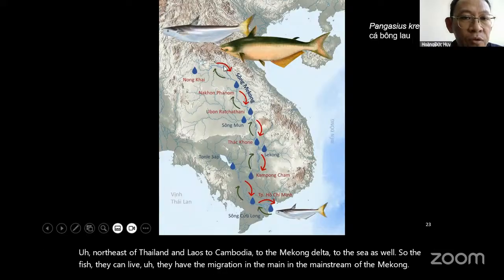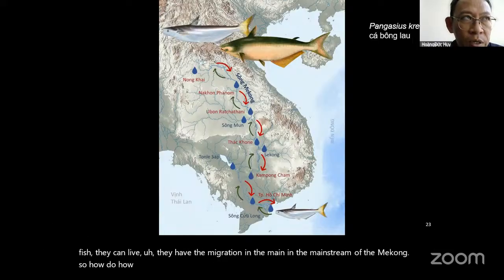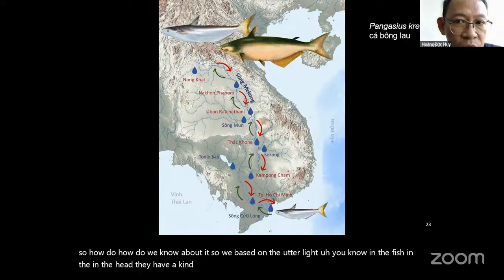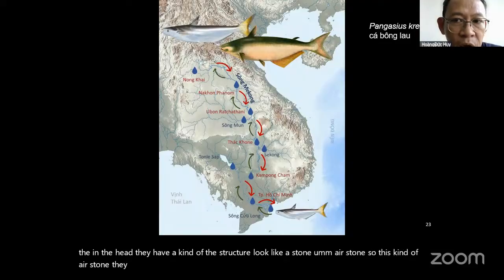So how do we know about it? We based it on the otolith. In the fish's head, they have a kind of structure that looks like a stone, an ear stone. This ear stone can accumulate chemicals. So we analyze the chemicals in the ear stone.